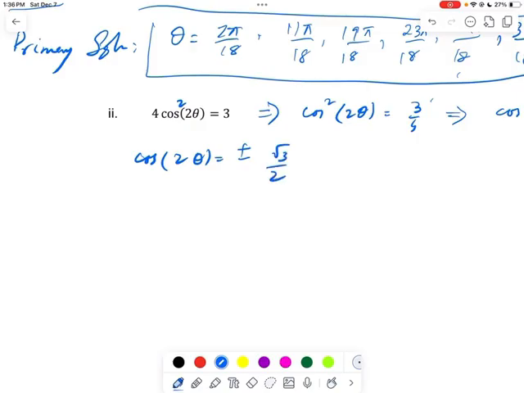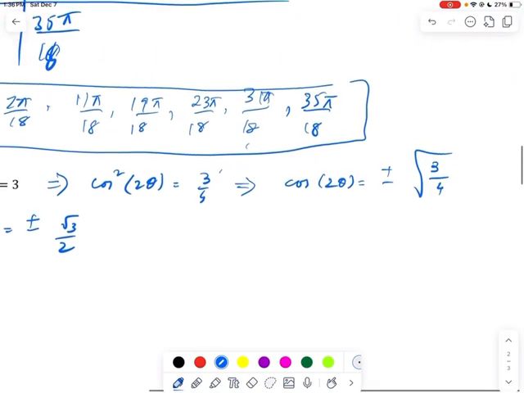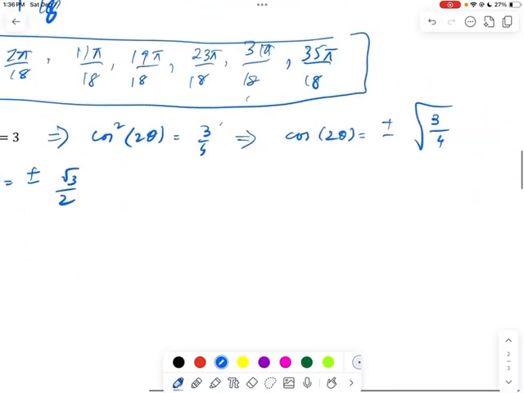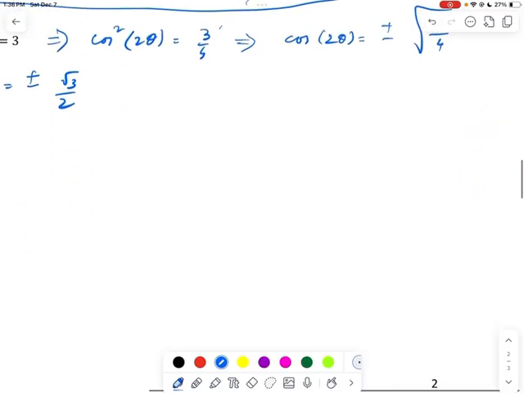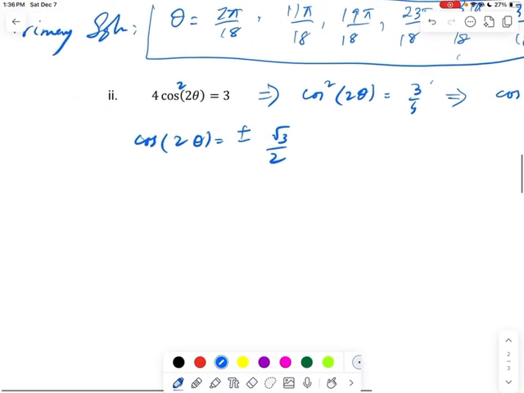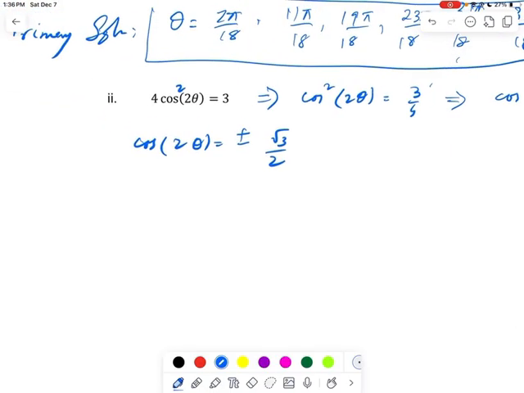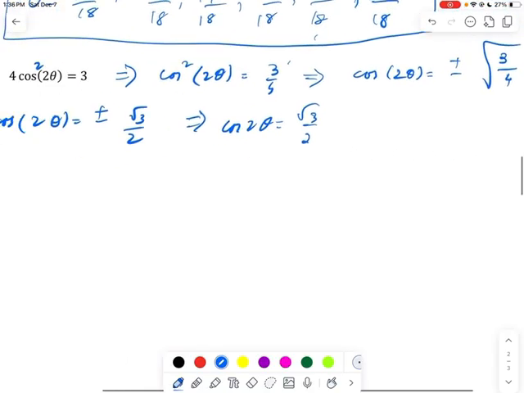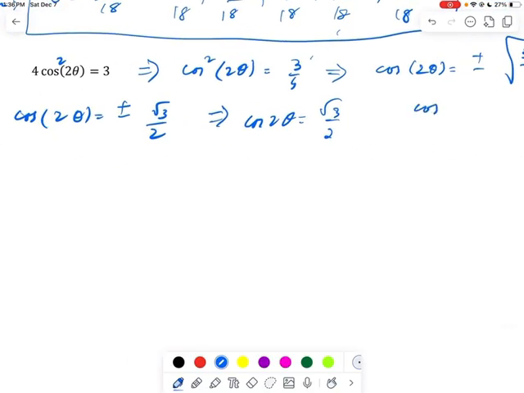So which gives us two equations, and then accordingly, like we did before, we will have several solutions. So what are the two equations? Well, one of the equations will be cosine of 2 theta equal to square root of 3 over 2, and the other one will be cosine of 2 theta equal to negative square root of 3 over 2.